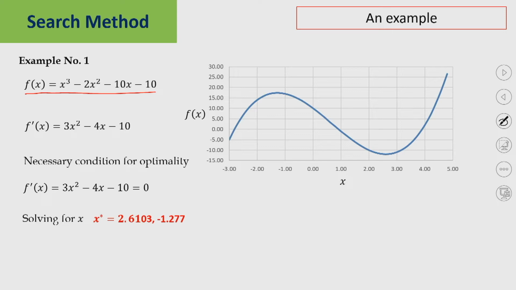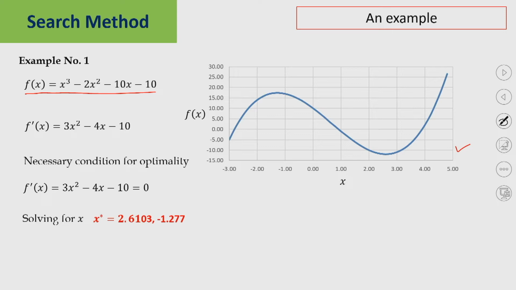This is a very simple function and I can plot it. By looking at the plot, you can guess that there are two optimal solutions between minus 3 and plus 5.